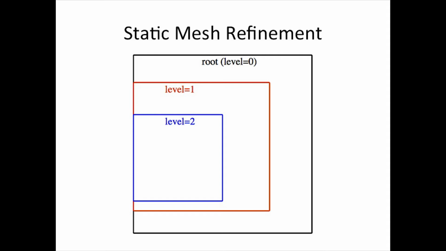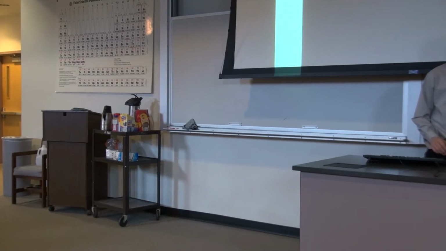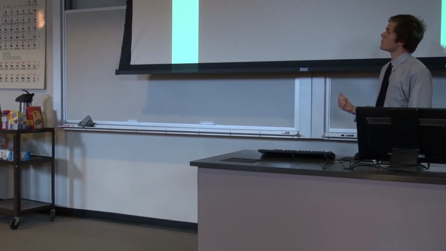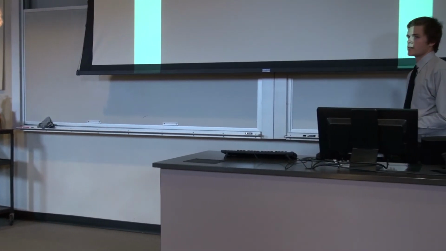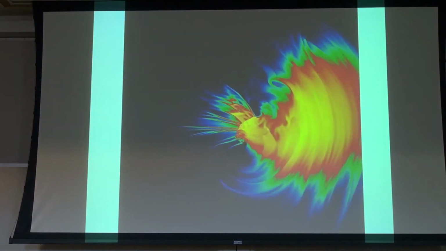In our case, we're interested in the area around the black hole. So you put a box around that black hole and double the amount of grid points within that box. After doing that, this is the exact same simulation, but now using static mesh refinement, so it's zoomed in one level. Same simulation, just zoomed in.